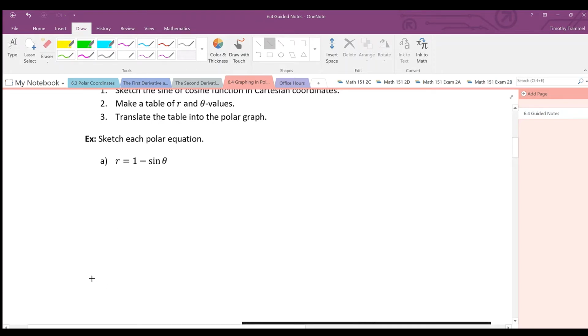Let's mark this as the r axis and the theta axis, and put in our scaling here as well. This should look like the graph of y equals minus sine of x, but shifted up 1 unit.